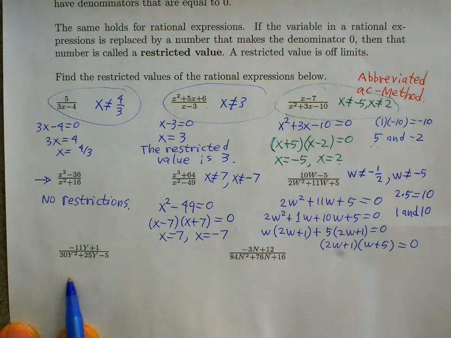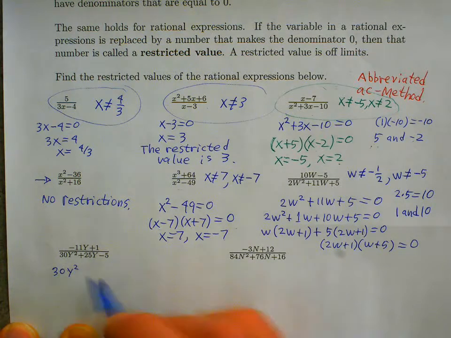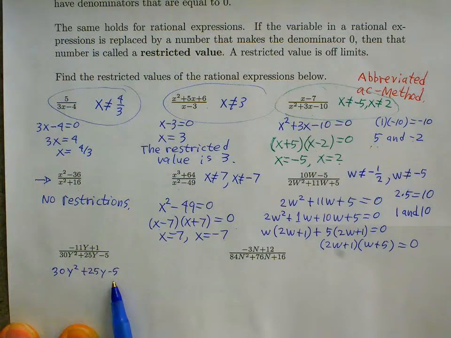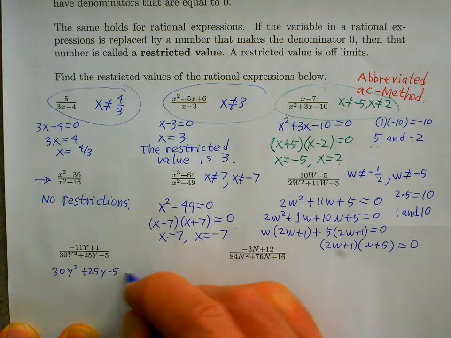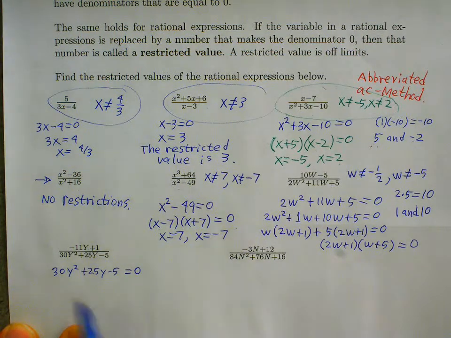To find the restricted values, we just focus on the denominator. The denominator is 30y to the second plus 25y minus 5. We want to find the restricted values, so we set it equal to 0. And the solutions to this equation are the restricted values.